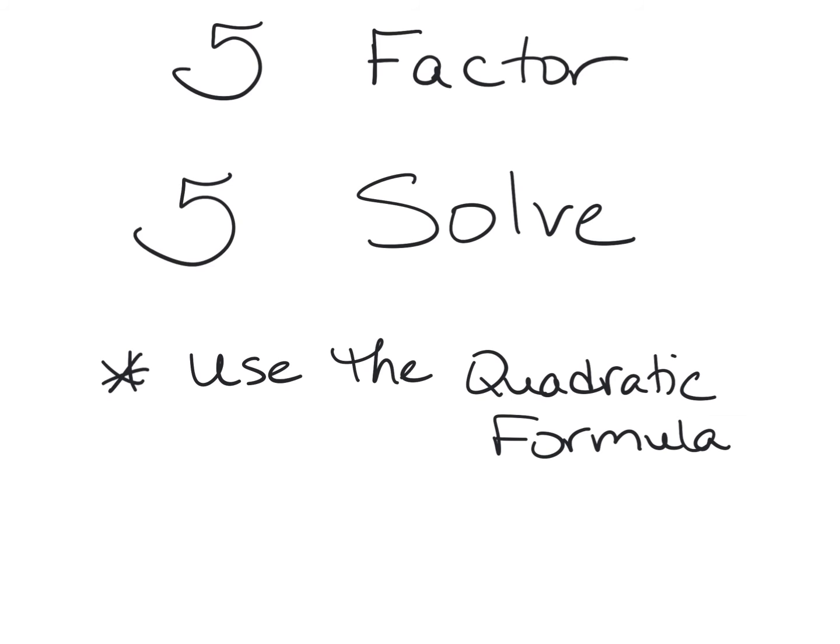The problem with the quadratic formula is if you make one simple calculation or one simple sign mistake, then the whole answer is wrong. So just remember that any of the solve questions can be radicals, can be fractions, and they can be integers. So 5 factor questions, 5 solve.